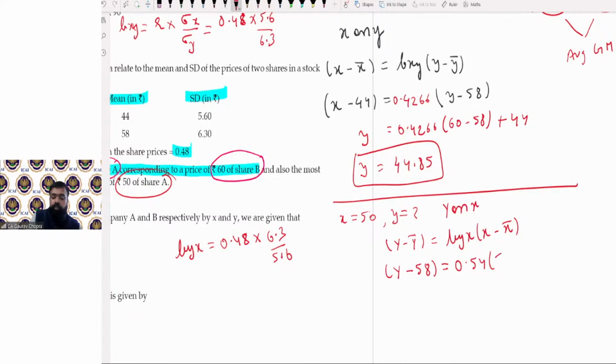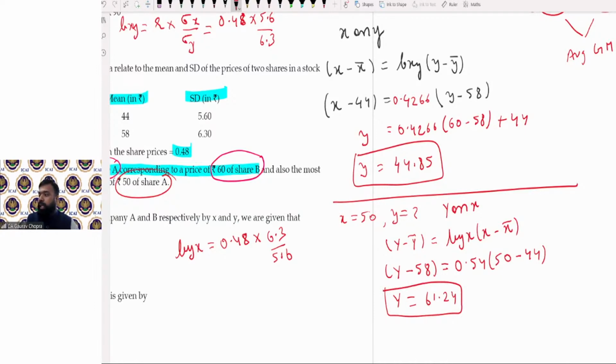X is given 50, x bar is given 44. So y equal to 6 into 0.54 plus 58. So 61.24. This is the value of y. That is price of share B.